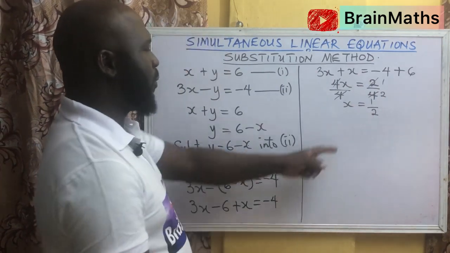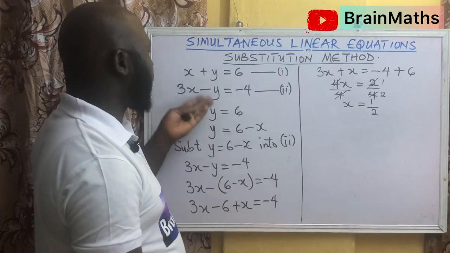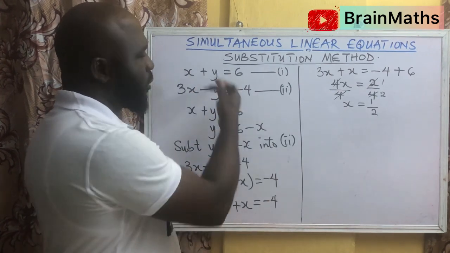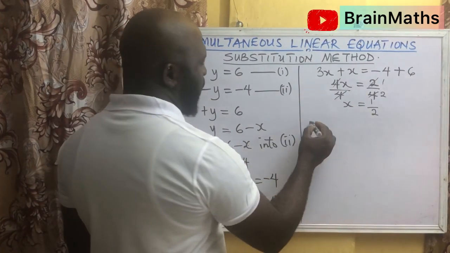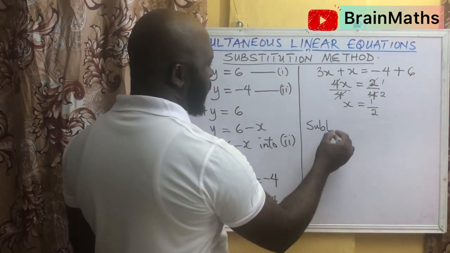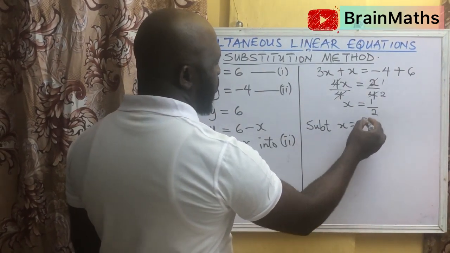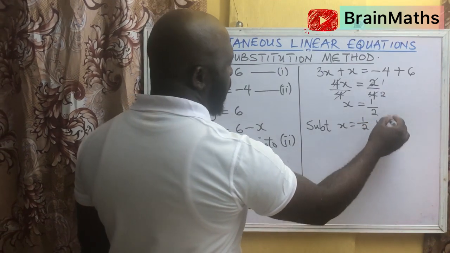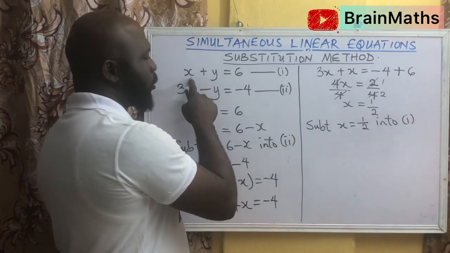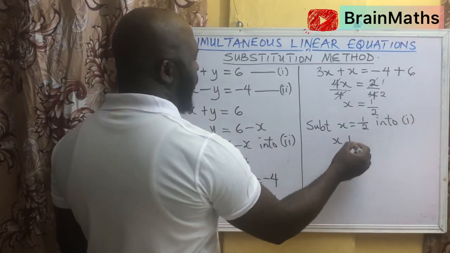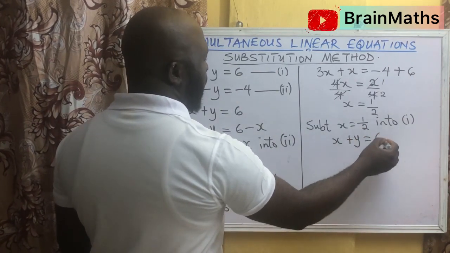So this value of x will now be substituted into any of these two equations to get the value of y. So we say substitute x equals 1 over 2 into equation 1. And equation 1 reads x plus y equals 6.